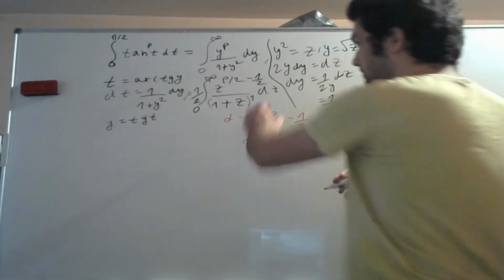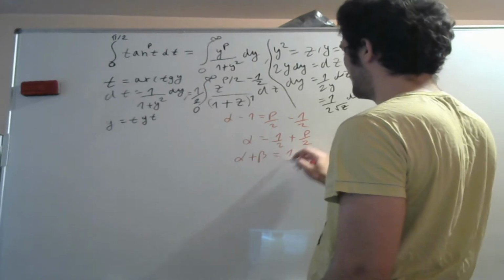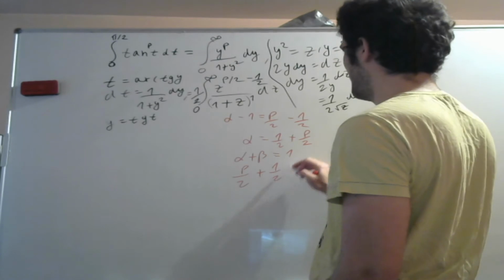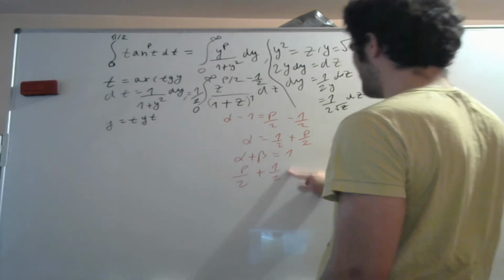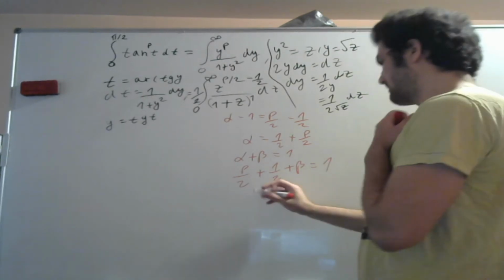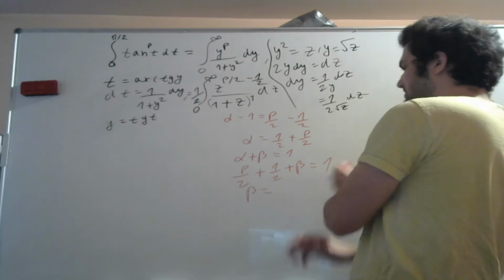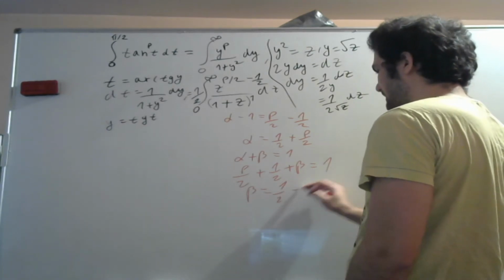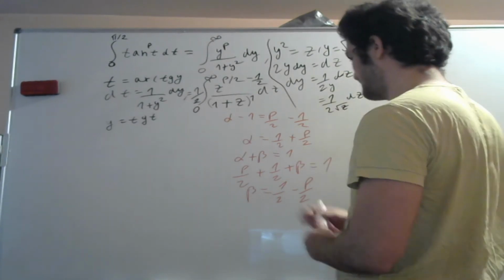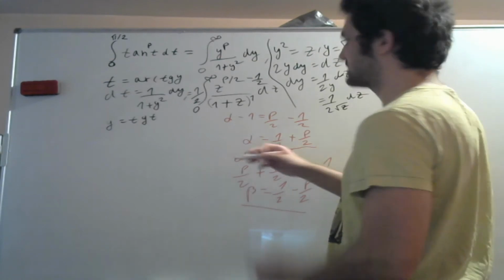Now we need to solve for beta, for the bottom part. Alpha plus beta equals 1, so p over 2 plus 1/2 plus beta equals 1. Solving this for beta, we move the 1/2 to the other side and get 1/2 minus p over 2. Alright, we need this and we need this.